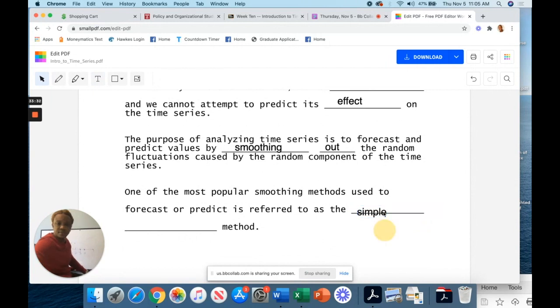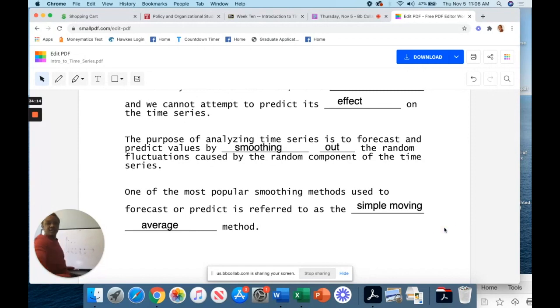simple moving average. What that does mathematically is allow us to look at the time series and smooth out the effects of these wild childs, these random irregular effects.